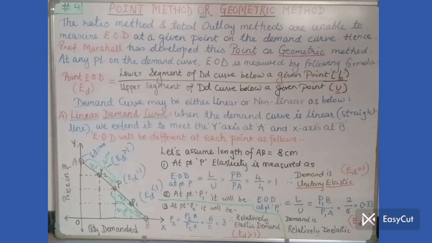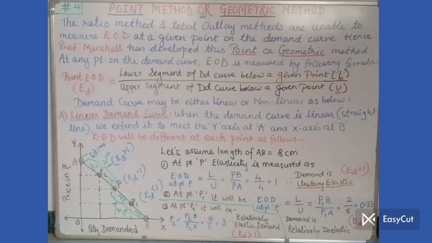Total length of AB is 8 centimeter. So naturally, at the midpoint P, PB will be 4 centimeter, and the upper side PA will also be 4 centimeter, which again is divided into 2 centimeter, 2 centimeter. I have shown these length measurements in green pen so that you will understand it easily.